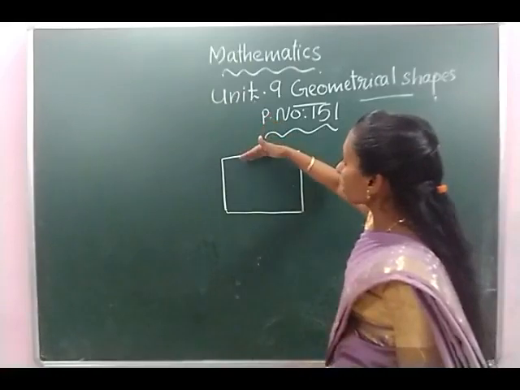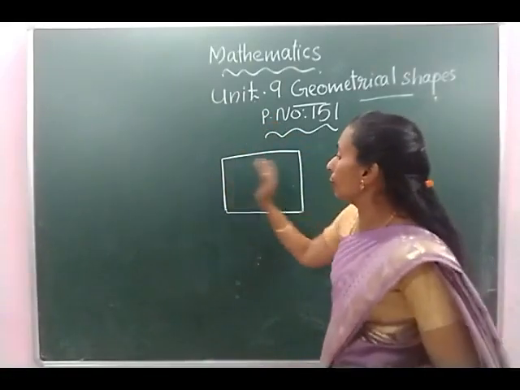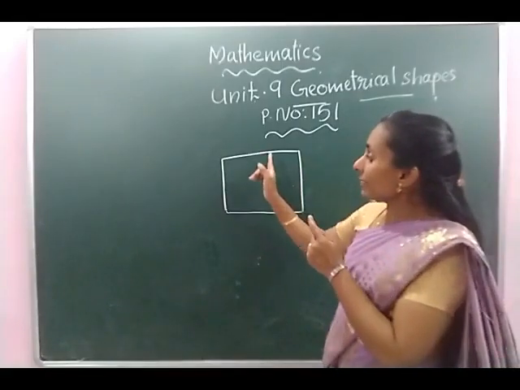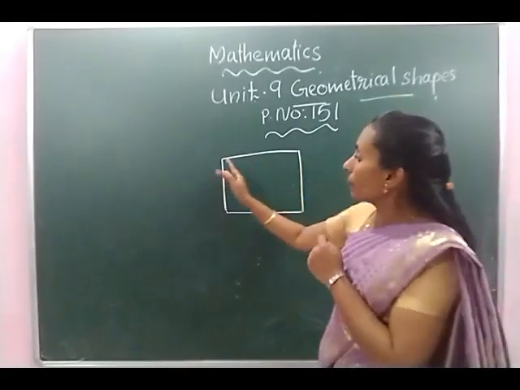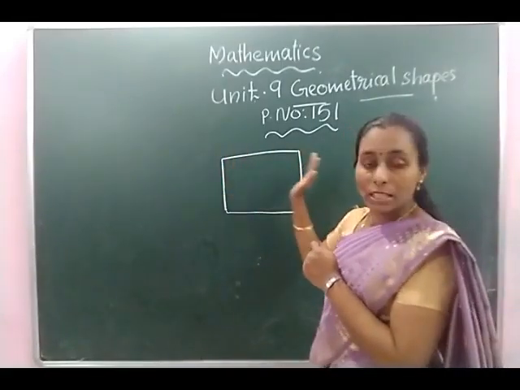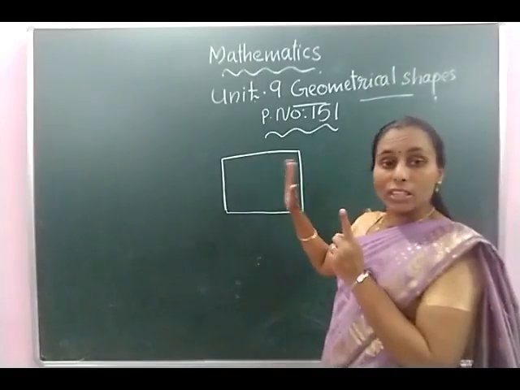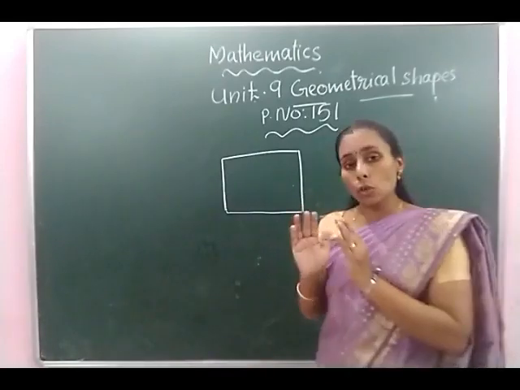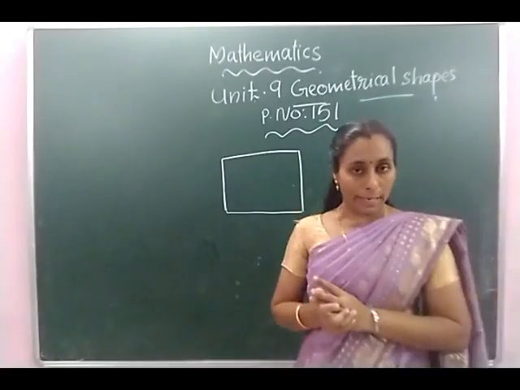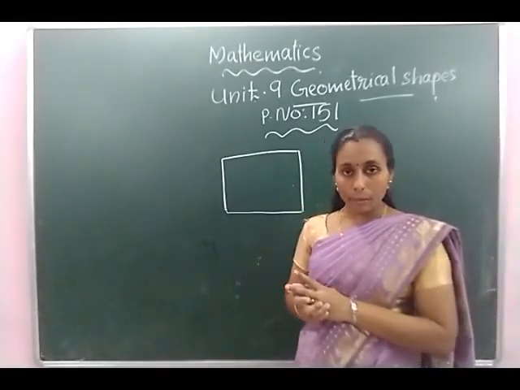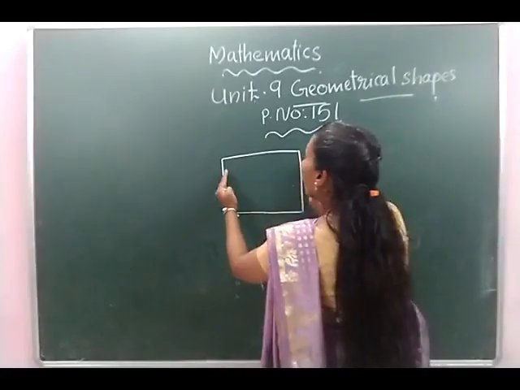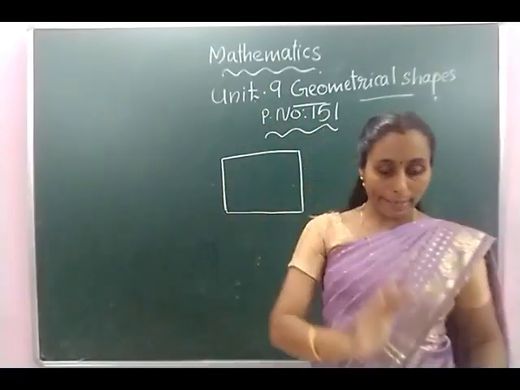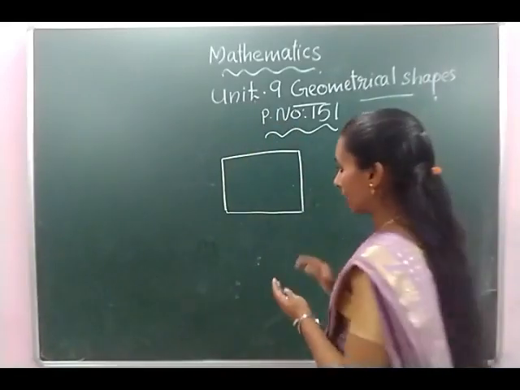Here four directions are there: 1, 2, 3, 4. You may think that it is ending and stopping here, but that is only the portion of the plane that we show. It extends endlessly in all four directions.